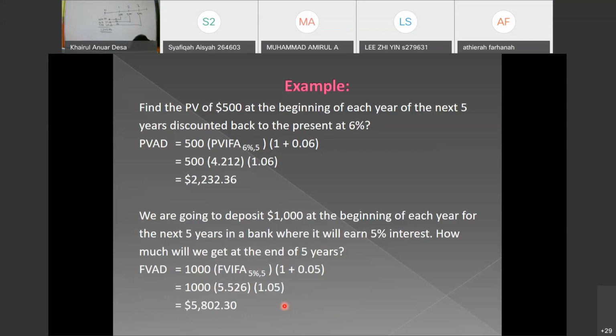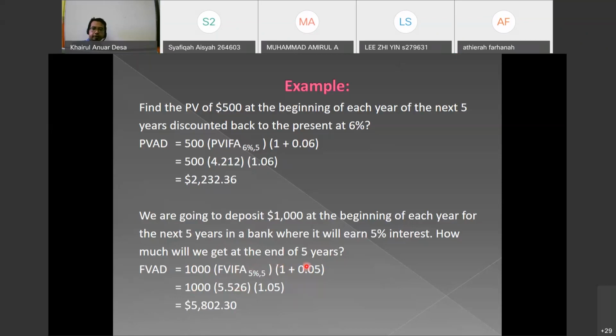Okay, kalau kita masukkan dalam formula, we try to plug in the formula untuk soalan yang bawah. Yang bawah soalan bawah ni.